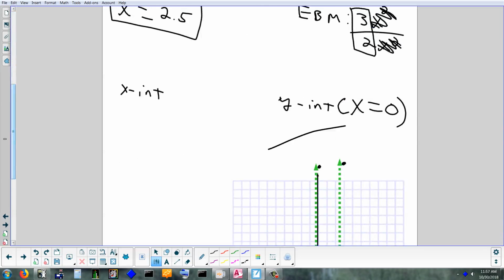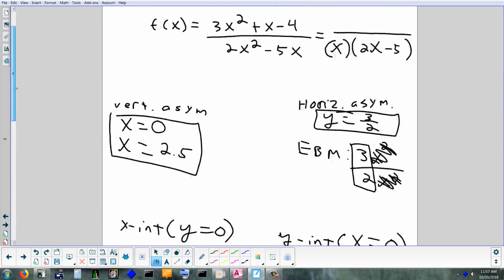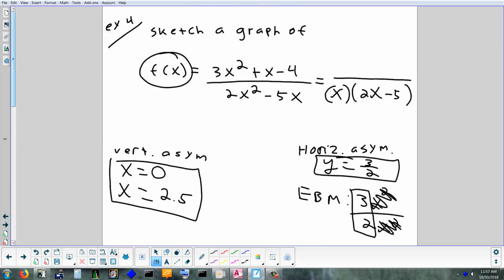Okay, x-intercept. Let's try that. That's when we plug 0 in right here. So the only way that a fraction can equal 0 is if the top equals 0. Well, that's a quadratic. It probably at this point would be a little easier if we factor the top.